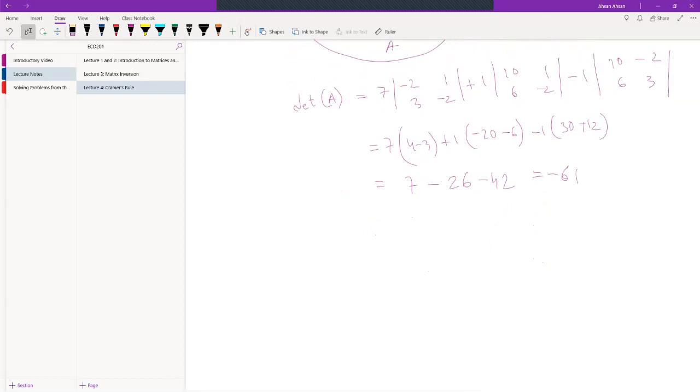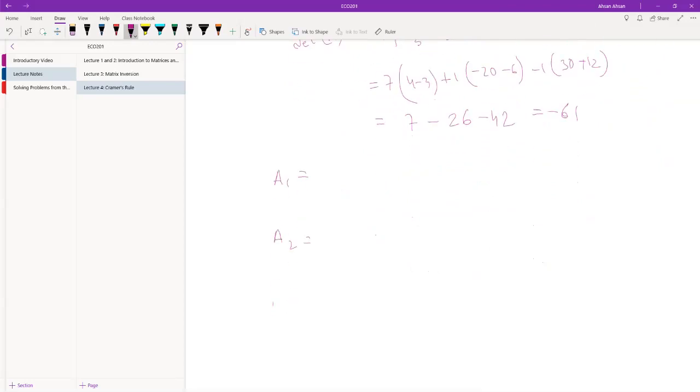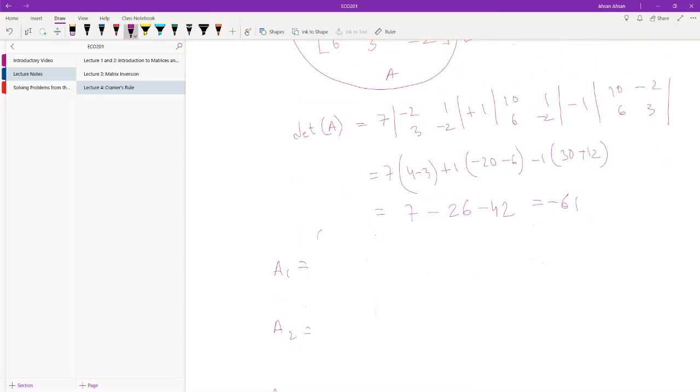And now what we are going to do is construct A1, A2, and A3. So I'm going to write down matrix A here first, 3 times. So 7, minus 1, minus 1; 10, minus 2, 1; 6, 3, minus 2.